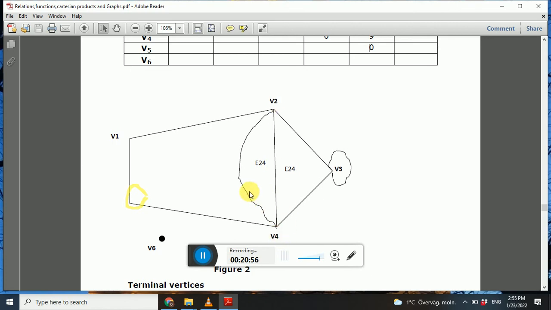How about E prime 24? E prime 24 also comes from vertex 2 and connects to vertex 4. So these two edges are connecting the same pair of vertices. So if you have such edges in a graph, then we call those two edges parallel edges.